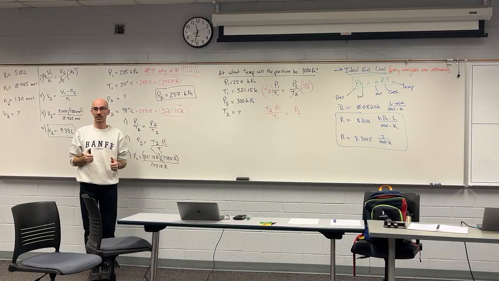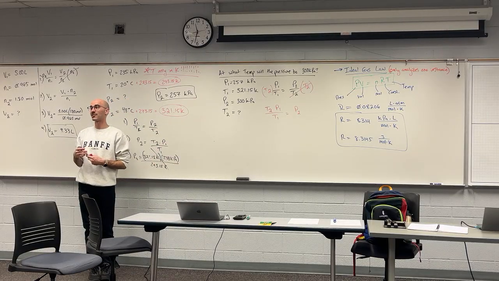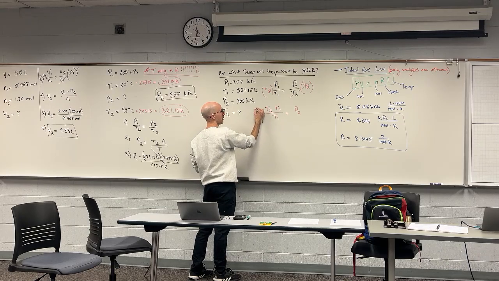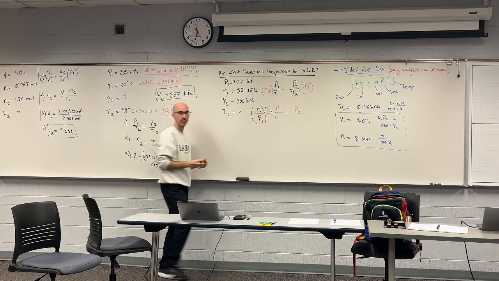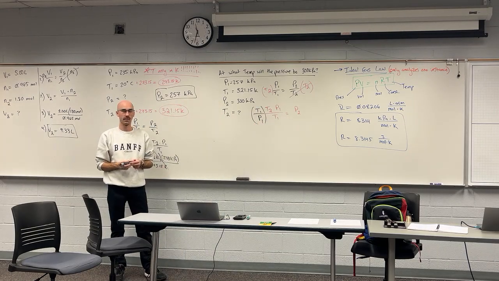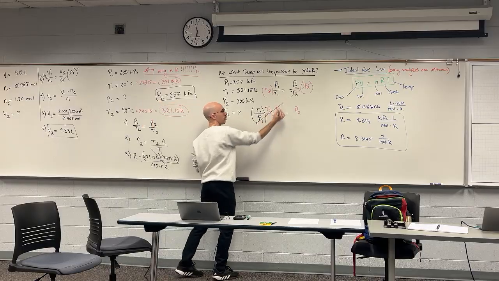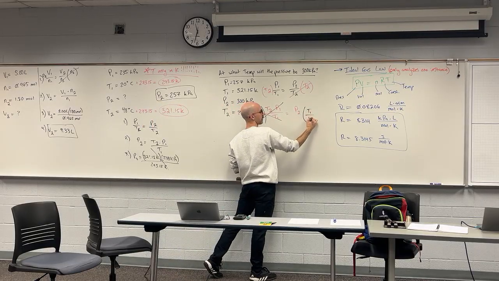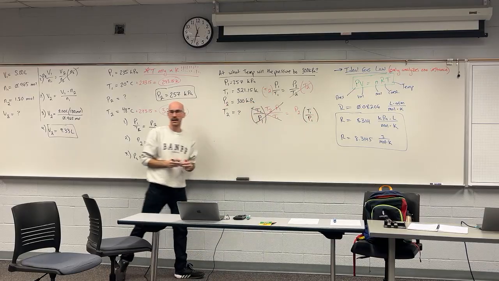That's very similar algebra to what I just did, but I'm not solving for P2. I want to solve for T2. So I need to divide by P1 and multiply by T1 so that my pressure one cancels and my temperature one cancels. So here I'm multiplying by T1, dividing by P1.